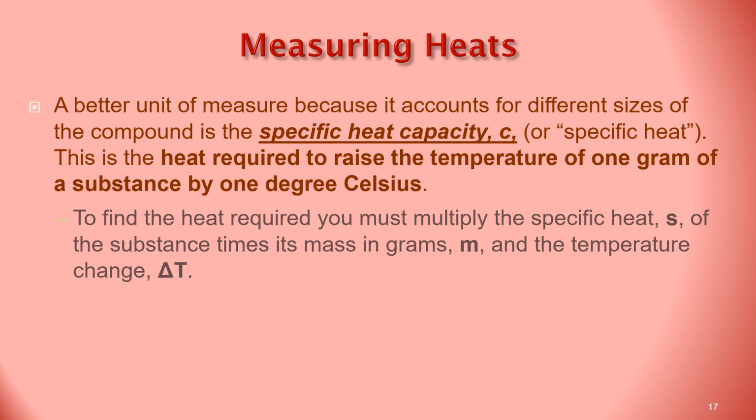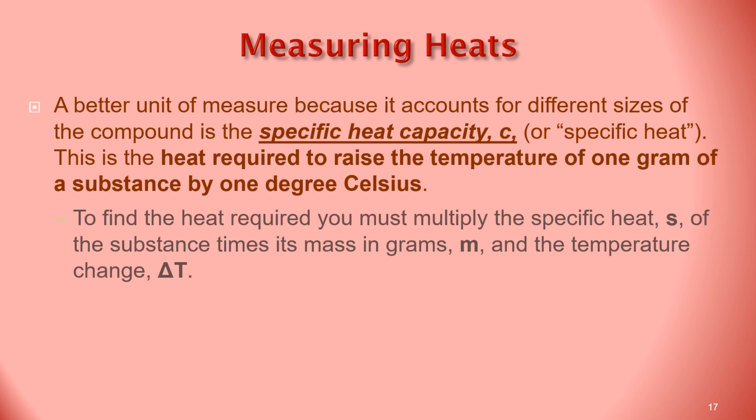So actually a better unit of measure for measuring heat is called the specific heat capacity. Sometimes the textbooks use the symbol S for specific heat capacity. Your book uses the lowercase c for specific heat capacity, or sometimes it's just called specific heat.